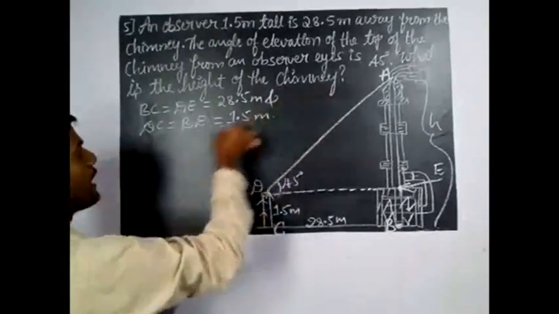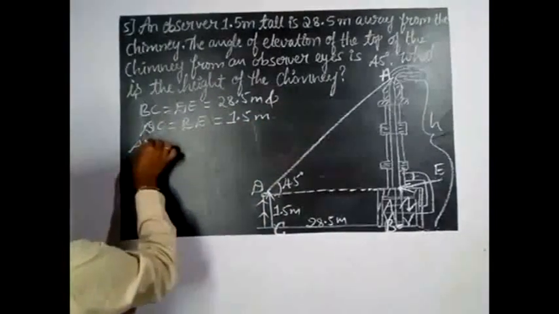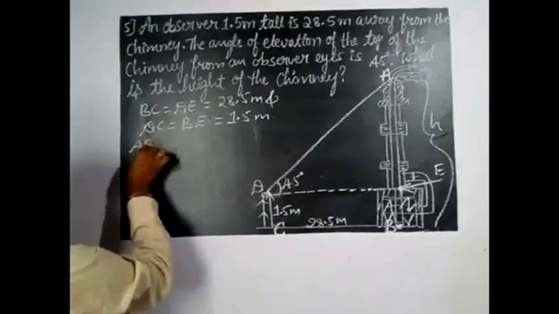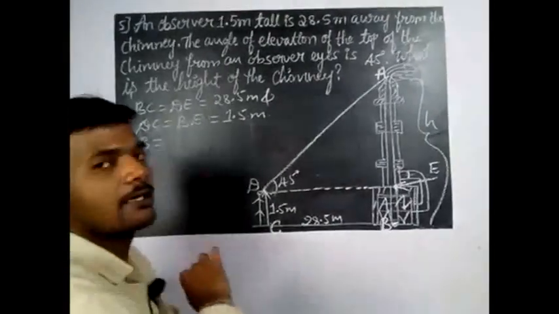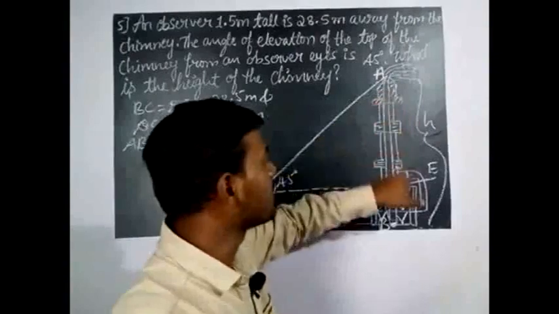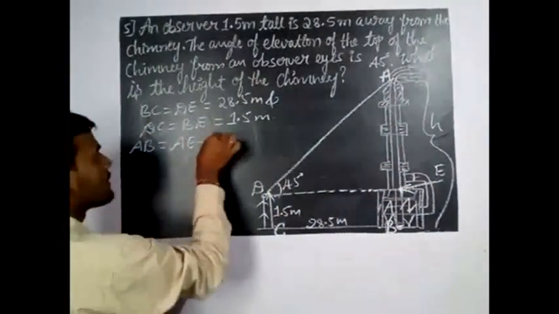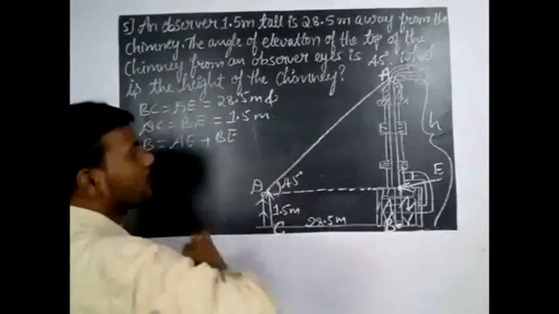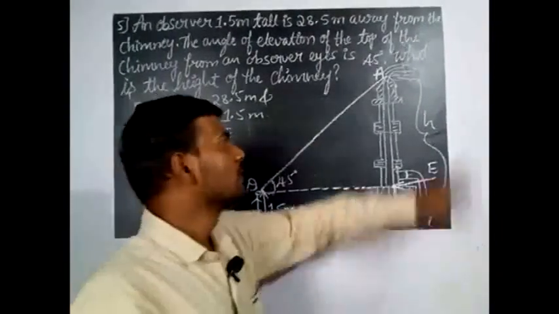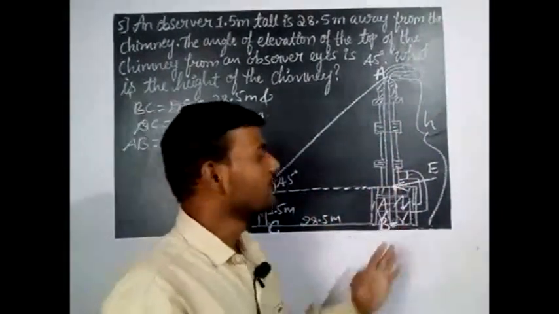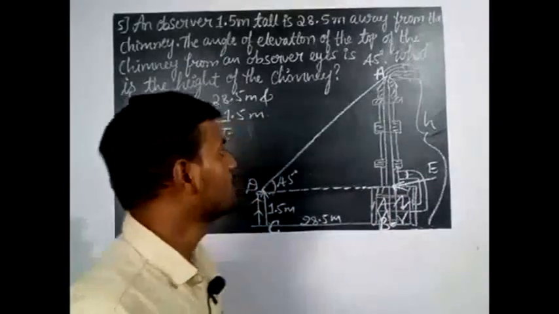Then the height of the chimney AB is divided into two parts, that is AE plus BE. Now we are going to find this part AE, because BE is already known. So let us find it.